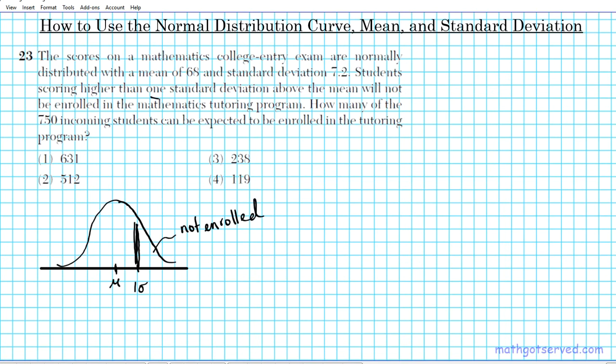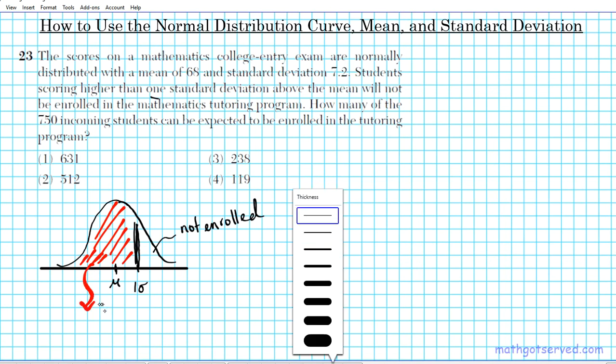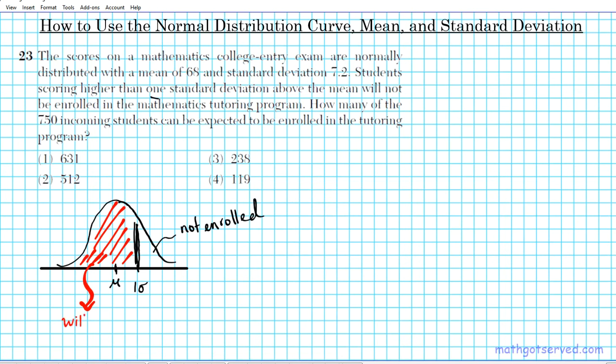But the population that falls in this bracket beneath one standard deviation from the mean, everybody in this space will be enrolled because your scores are not high enough.